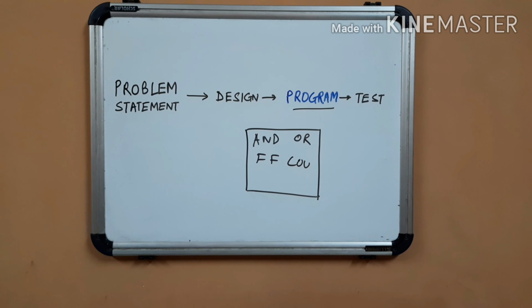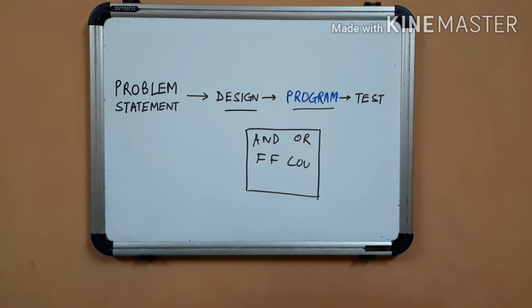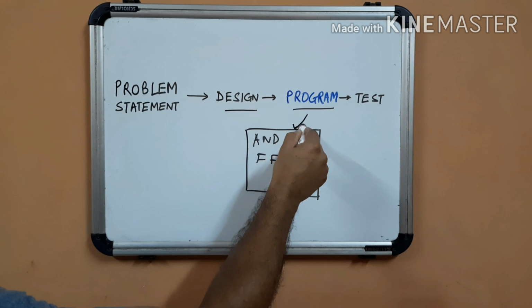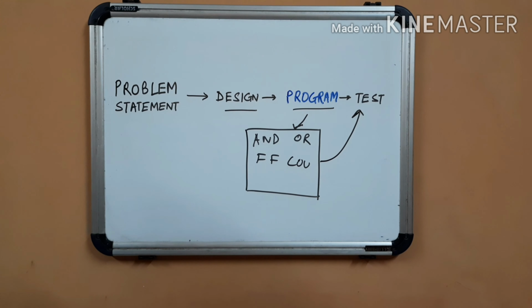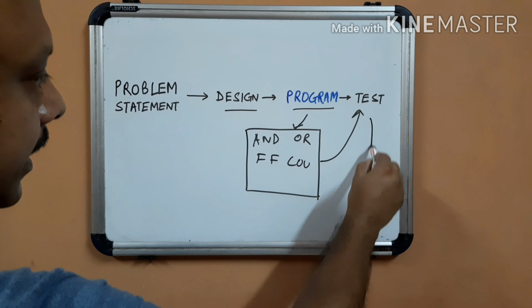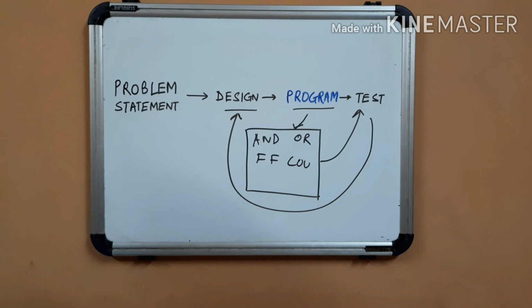So now when we design, we then program this box and then we test it. If something goes wrong with our testing, then we go back to design and program again.